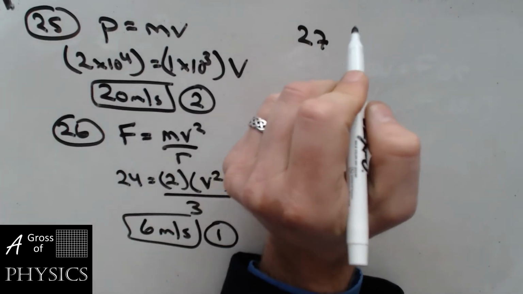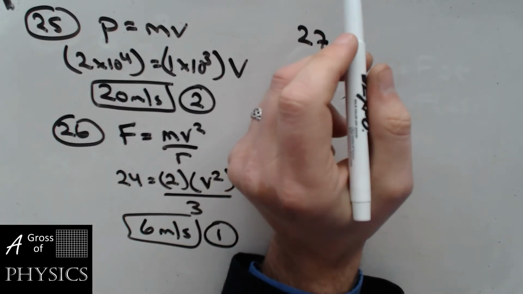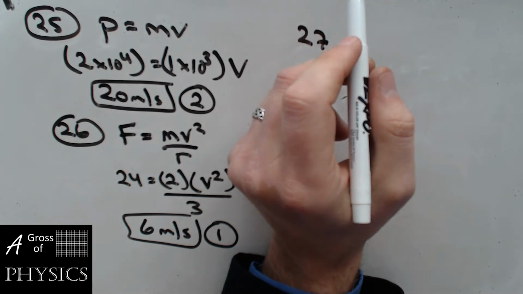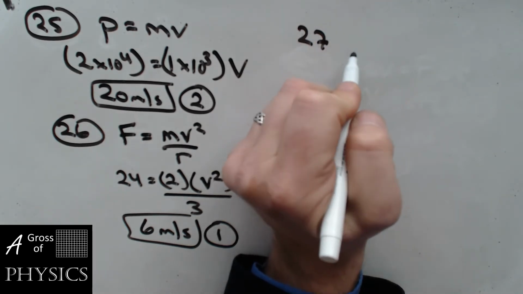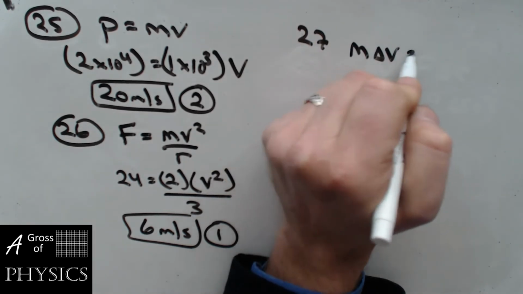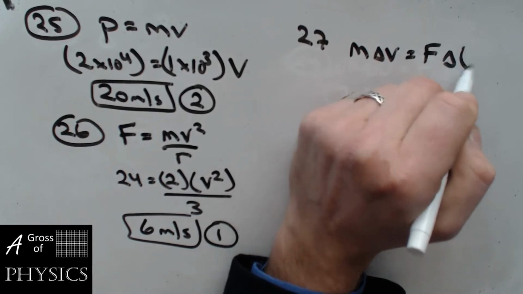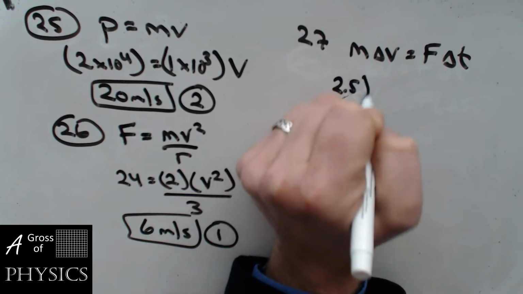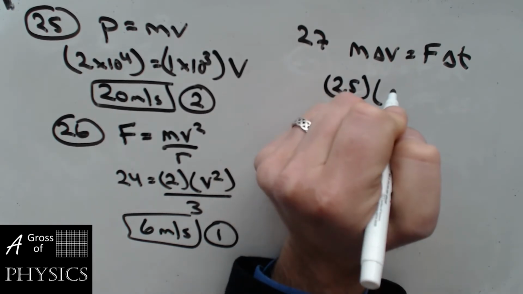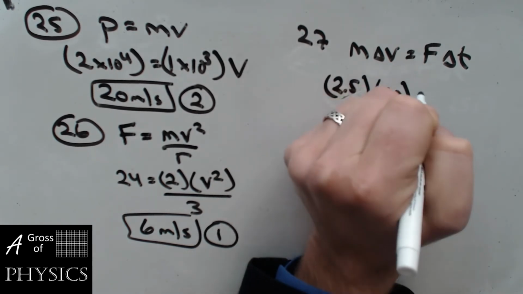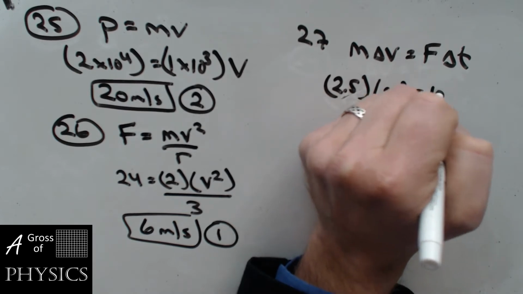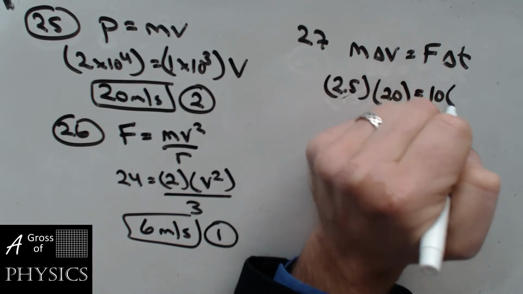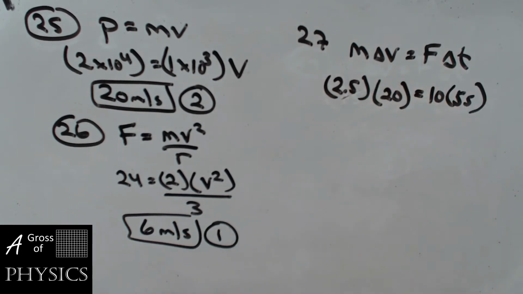27. We have a constant force to stop a cart. So we're looking at MAV, FAT. It's 2.5 kilograms. We stop from 20 to 0, so the change in velocity is 20. 10 newtons, 5 seconds. Wait a second.